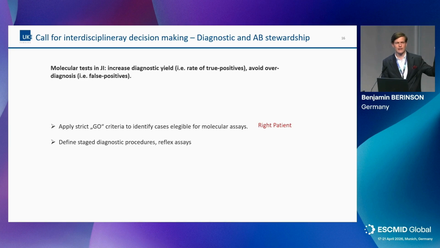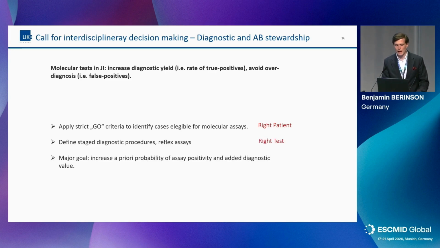So, for example, if one test is positive or, I don't know, very high cell count, then we are doing this. So this would be the right test. And to simply have as a major goal an increased a priori probability of assay positivity and a real added diagnostic value.